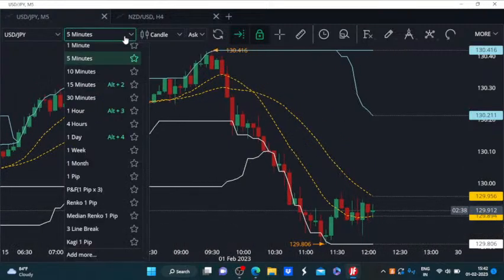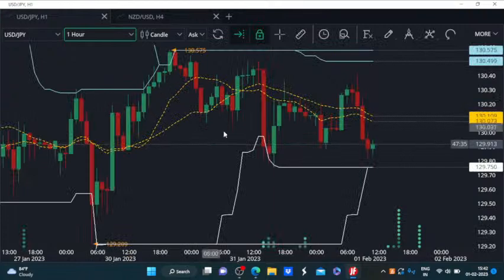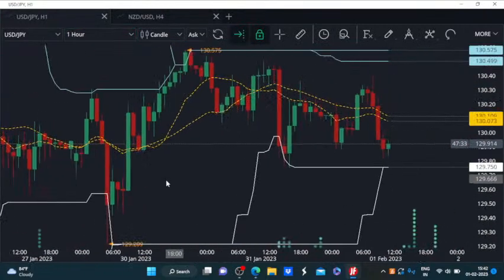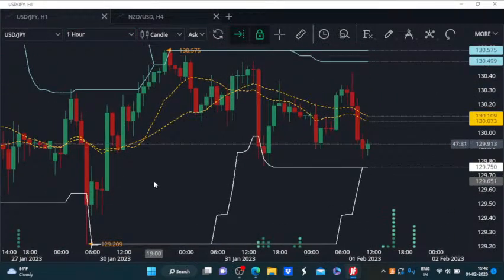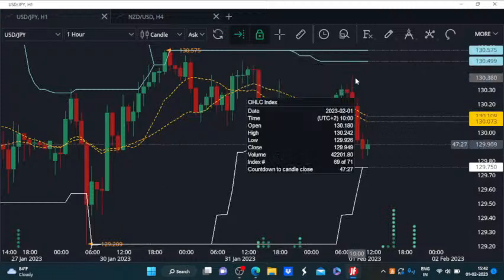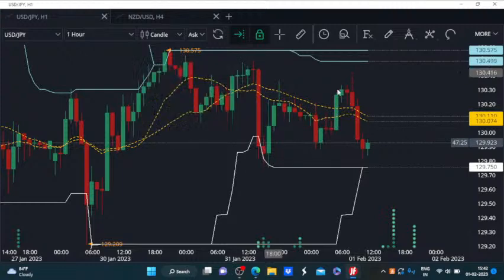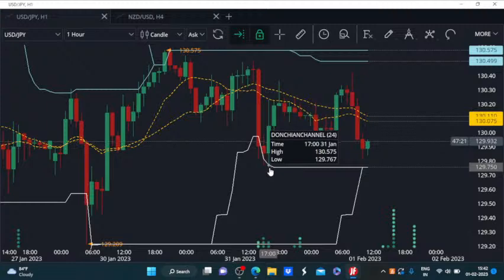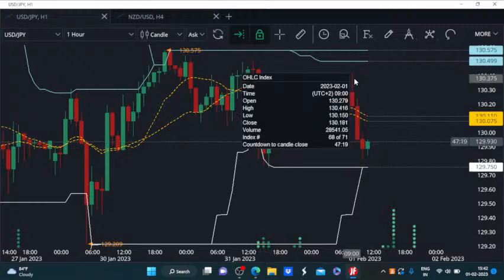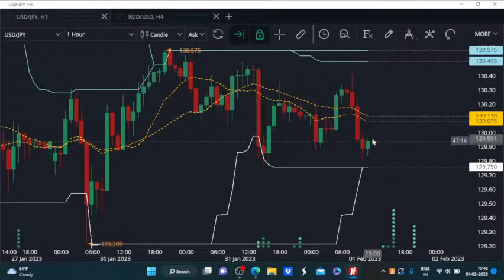And if we consider the price formation on the hourly chart, things are in a consolidation phase where it has reversed course from these prior swing highs, and now it is inching back toward the immediate swing low, the prior swing low. But given the trajectory being bearish at the moment, it is not advisable to go for any long trade.